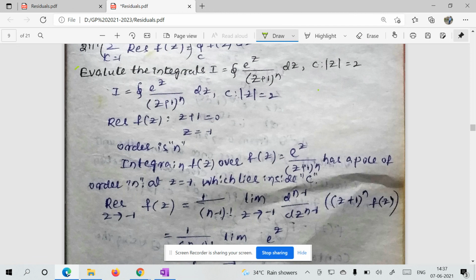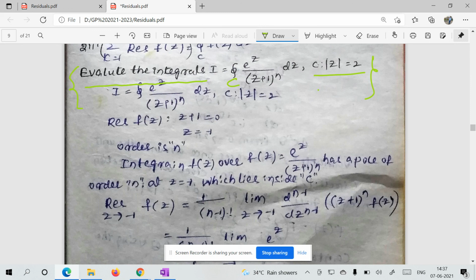See here, this is the problem. What is the problem? Evaluate the integral I equal to the integral of e power z by z plus 1 whole to the power of n dz, over the contour C, where C is mod z equal to 2.